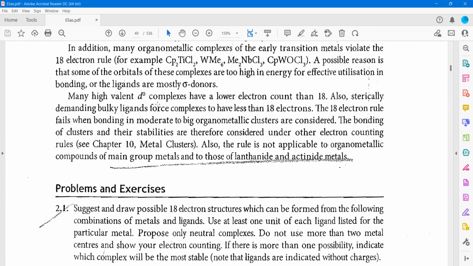So this is understood. The 18 electron rule also fails when moderate to big organometallic clusters are considered. The bonding of clusters and their stabilities are therefore considered under other electron counting rules. Also, the rule is not applicable to the organometallic compounds of main group elements and those of lanthanoids and actinoids. All of these rules are restricted to metals having d orbitals, that is, the transition metals.